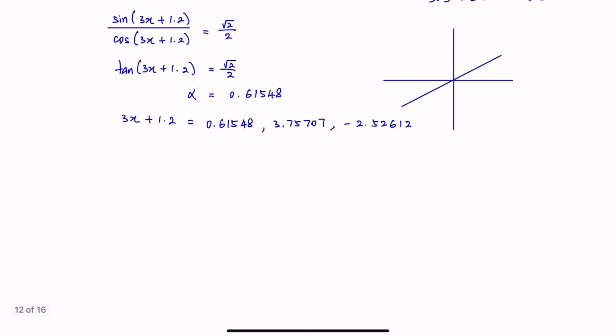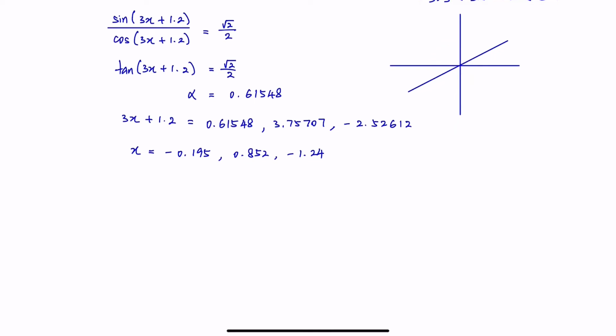So now we have x equals negative 0.195, 0.852, and also negative 1.24, all rounded to 3 SF. So why do I not continue here?